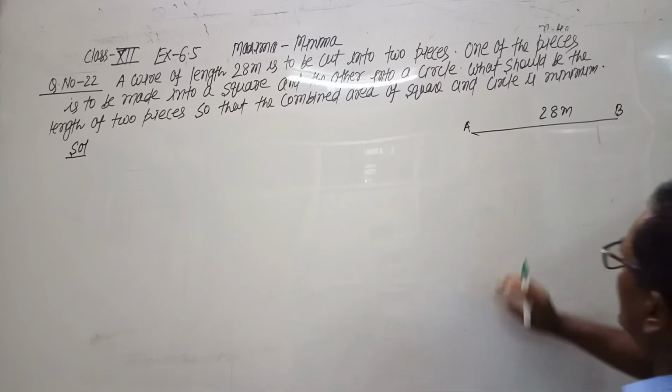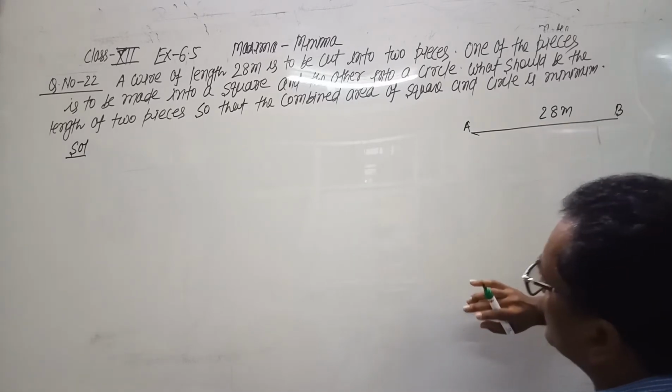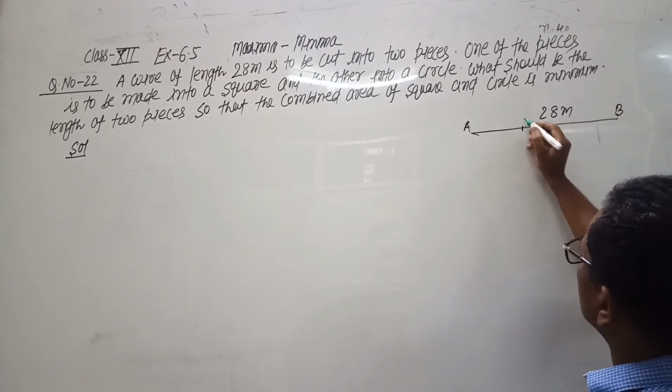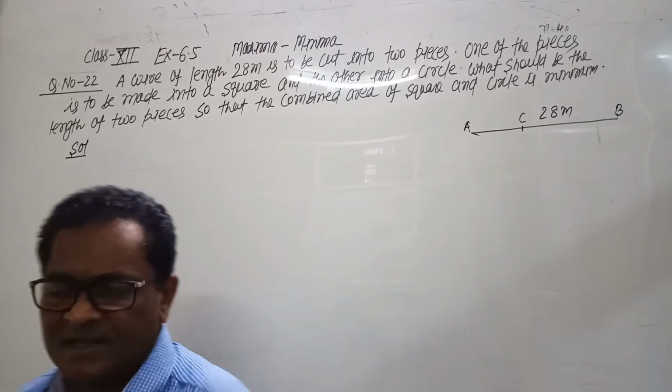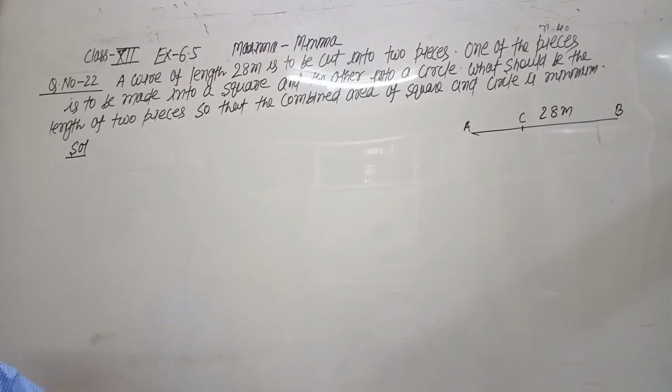Suppose the wire is cut into two pieces from point C. One of the pieces is to be made into a square.